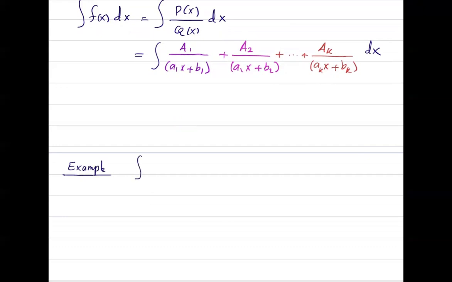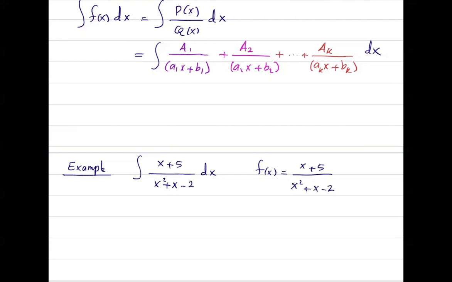Suppose I ask you to evaluate the integral of x plus 5 divided by x squared plus x minus 2 dx. First of all, please pay attention here. Your f of x is equal to x plus 5 divided by x squared plus x minus 2, your p of x divided by q of x.